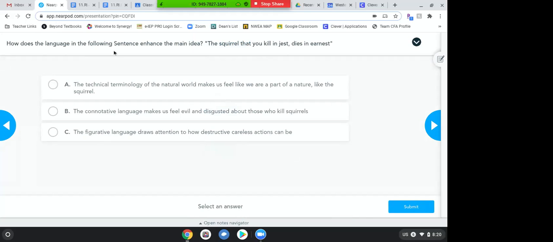Is it A, that the technical terminology of the natural world makes us feel like we're a part of nature, like the squirrel? Is it B, that the connotative language makes us feel evil and disgusted about those who kill squirrels? Or is it C, the figurative language draws attention to how destructive careless actions can be? So go ahead and select the answer you believe to be the most correct.